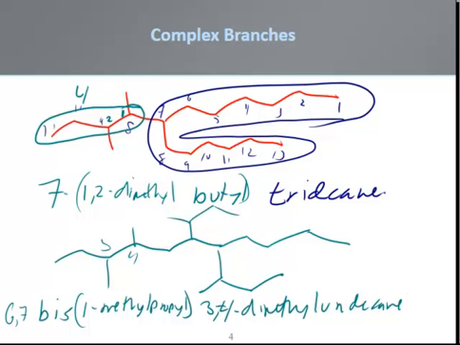However, if you have complex branches and you use bis or tris or tetrakis, then those prefixes do enter into the alphabetization of the name. So in this case the bis comes before the dimethyl. Hope that's clear, and we will finish up some nomenclature in a couple weeks. Hope this was helpful to you.